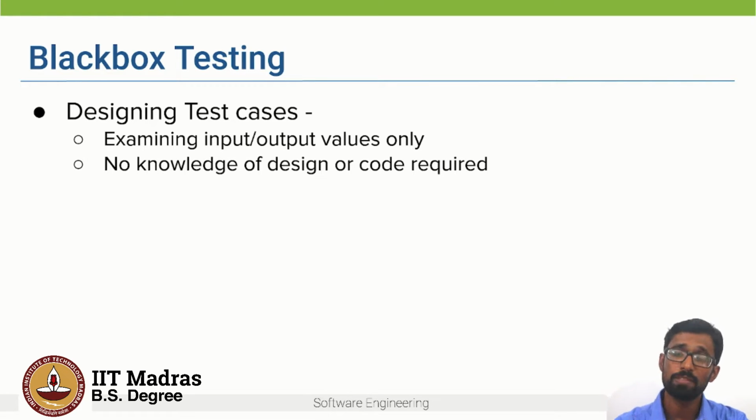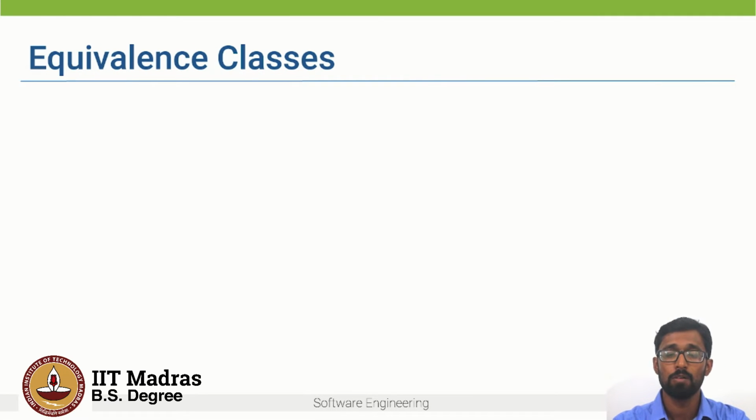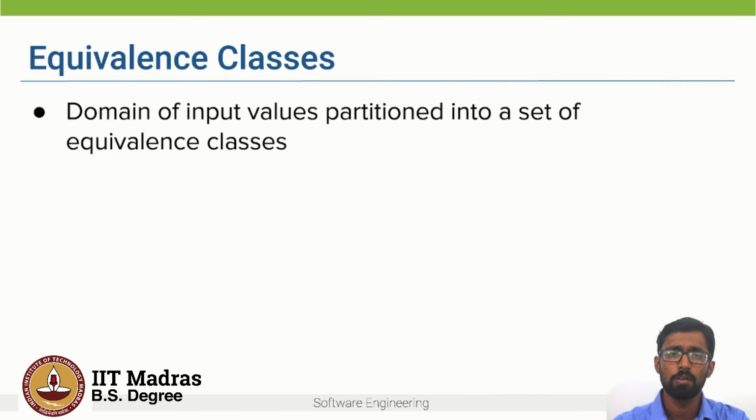So what are ways in which we can do black box testing? The first thing which we really need to do is to determine equivalence classes. Now what are equivalence classes? The domain of the input values which our program can take is partitioned into a set of classes, which are known as equivalence classes.